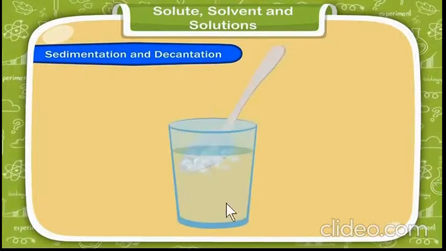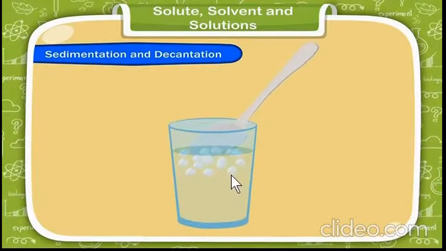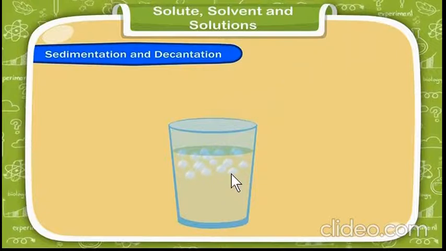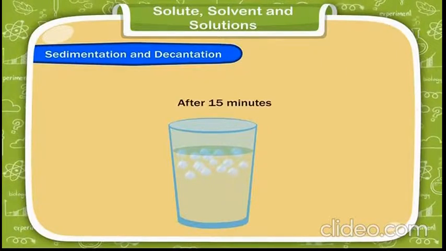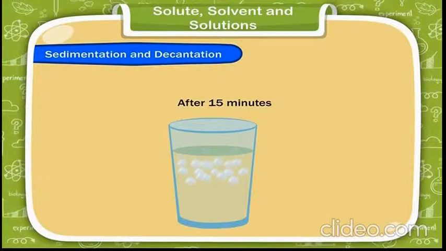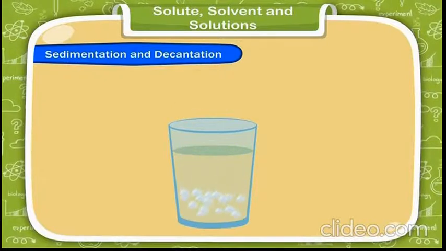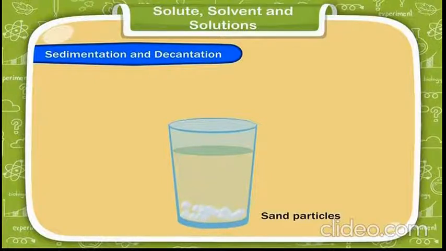Let's say you have some insoluble particles, let's say sand, and you mix them in water. The particles will be suspended, but if you keep it for 15 minutes, these particles will settle down at the bottom of the beaker or glass.